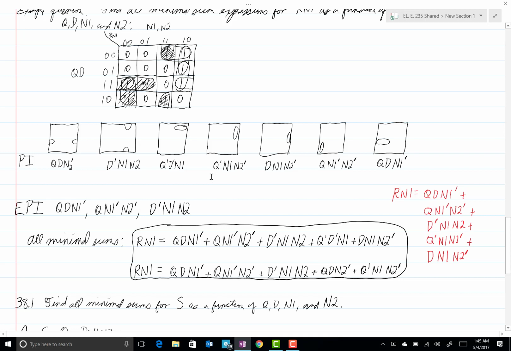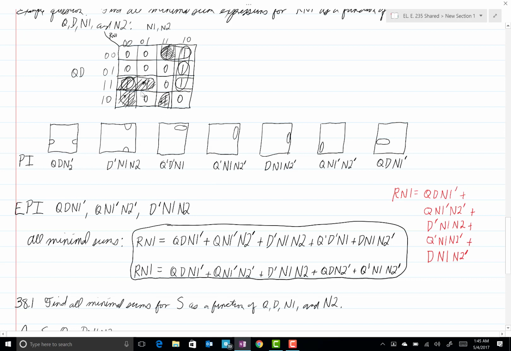And so as usual, after identifying the essential prime implicants, we have shaded those in because we know they will be accounted for in any minimal sum we write down, because that's what we're going to start with. As you can see, we've started with these three terms here for this minimal sum. We started with the same three terms here, and that's because those are the three essential prime implicants.